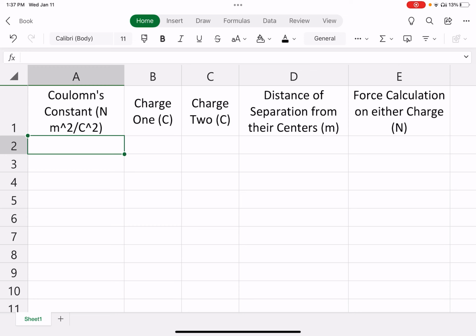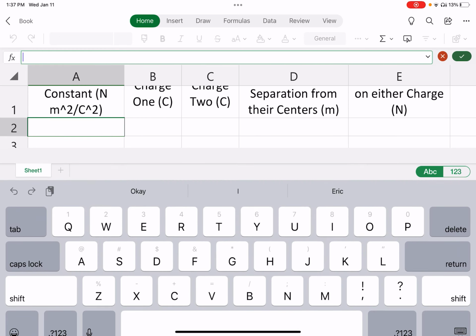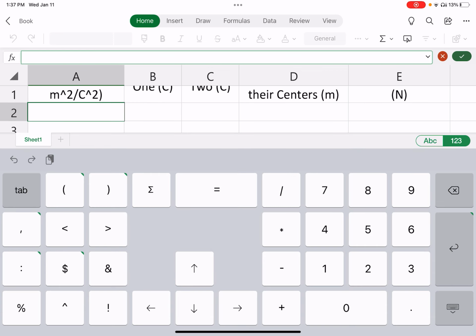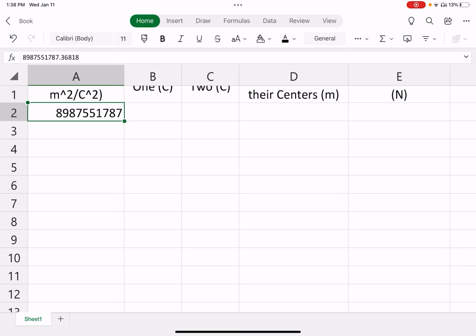So let's go ahead and put these numbers in real quick. Let me bring up a calculator or my number pad. I'm just going to say that that's that number.